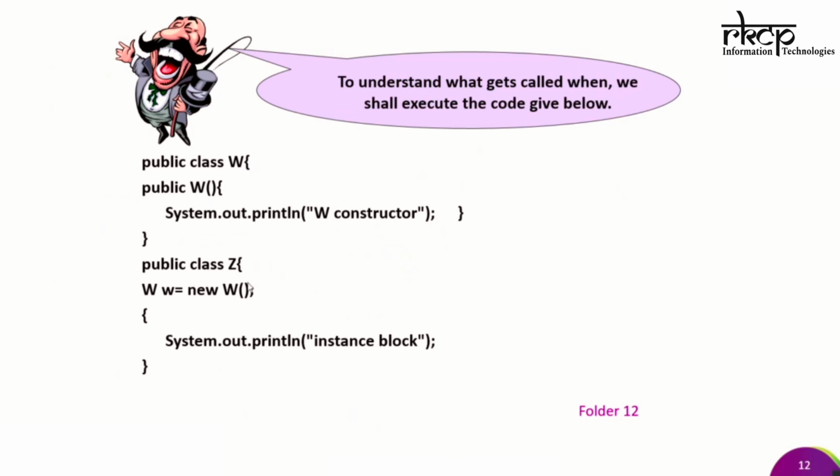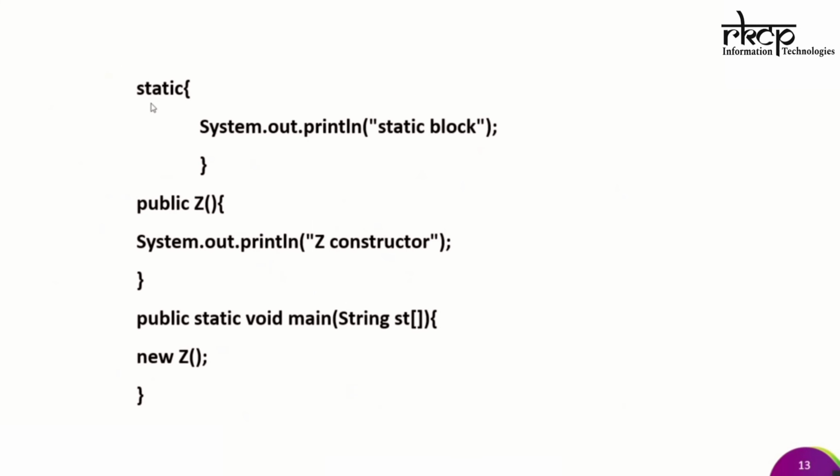I have one class Z, and inside class Z I directly create an object of W. Plus I have created one non-static initializer, and from it I'm printing some message. In the same way I have written a static initializer, and there also I write a message. I have also written one constructor, with a message there too.